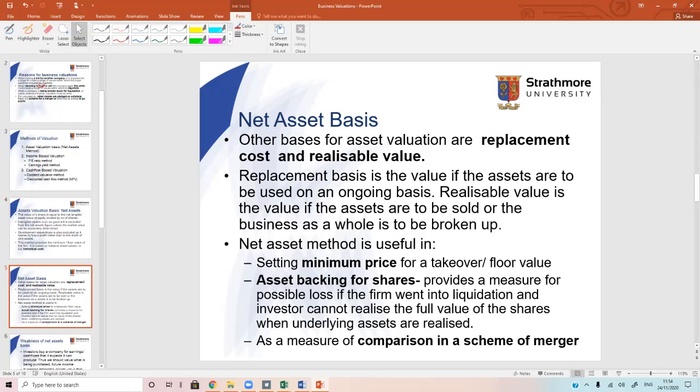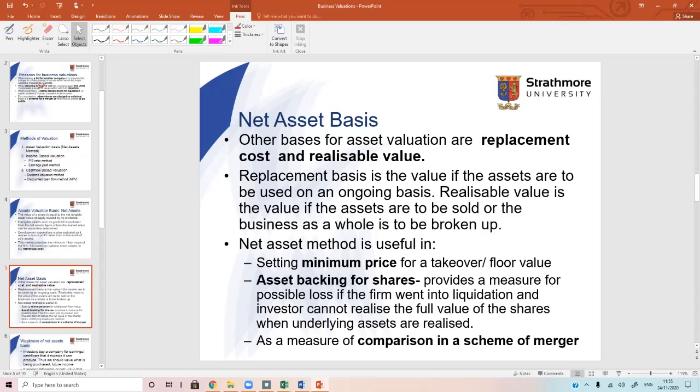Then you can also use the replacement cost basis. In the replacement cost basis, we are simply determining, if the company was to replace its current assets, how much money would it pay? For example, we have a motor vehicle with a life of 8 years, model ABC.